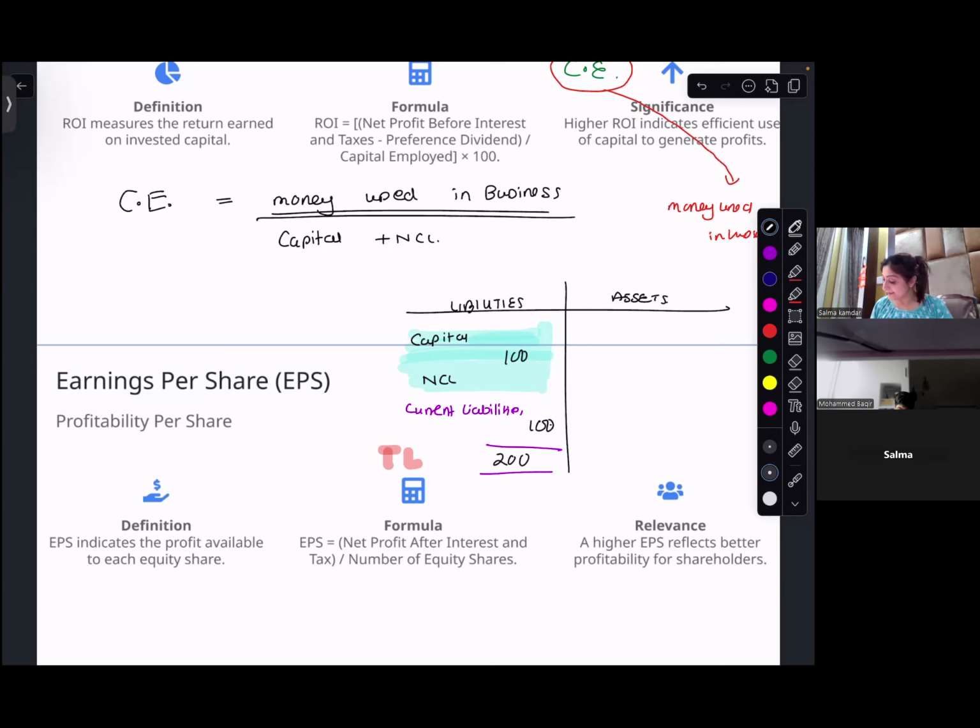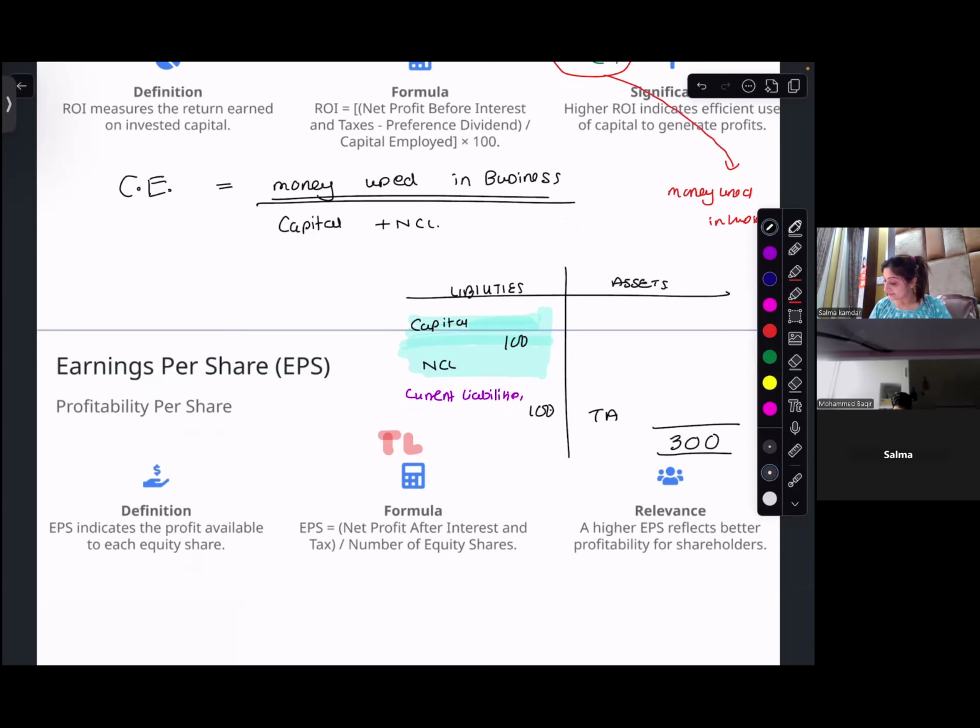I give you example number two. Say your total assets is 300. Your current liability is 100. What will be your capital employed? Think again. It will be subtracted. What will be subtracted?